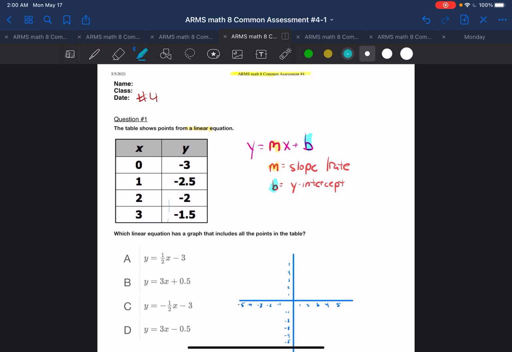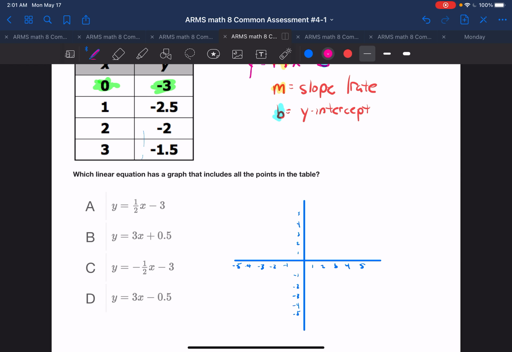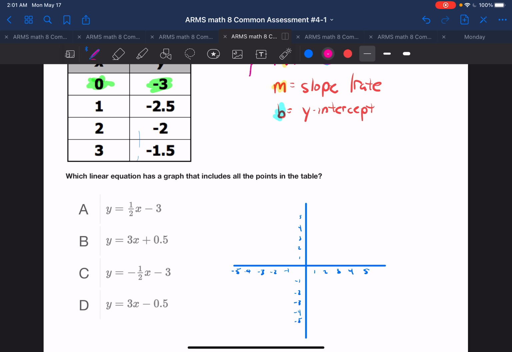So here's a little trick for you, right? If you have a table and it has x equals 0 anywhere, if you have 0 in the x, this right here is the y-intercept, right? This is the y-intercept. Because if you think about it, wherever x is 0, right, that's here.